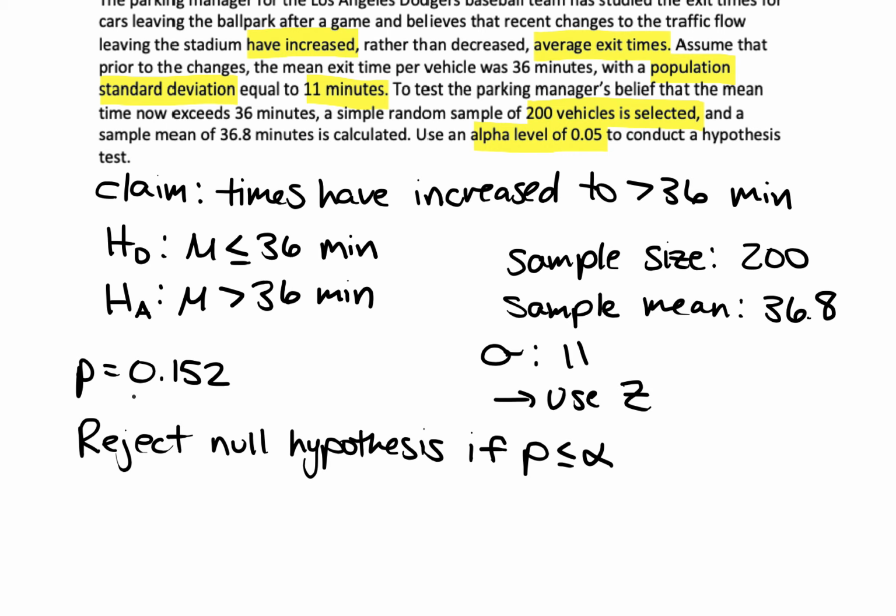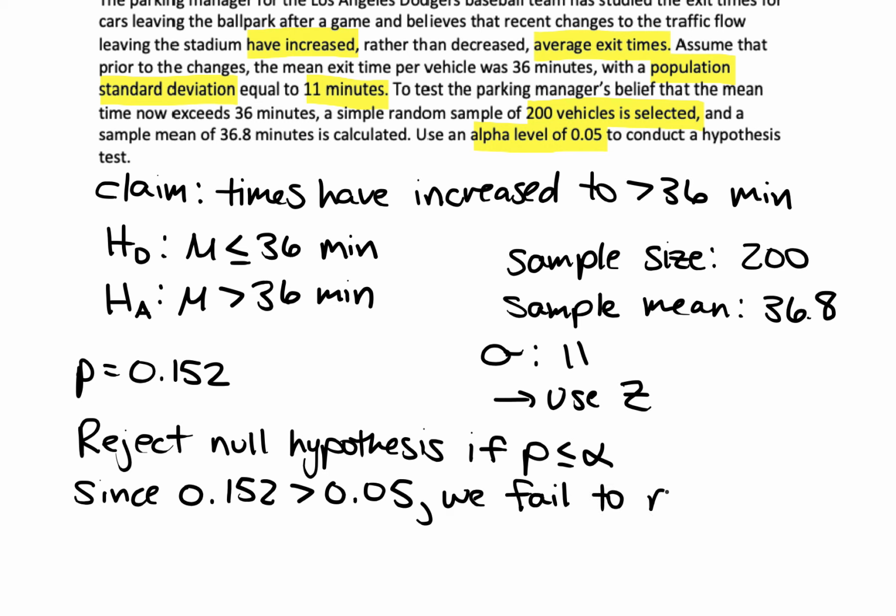Now in this case, looking at my p-value, 0.152, that is not less than 0.05. It is greater than 0.05. So since 0.152 is greater than 0.05, we cannot reject the null hypothesis, or we fail to reject the null hypothesis.